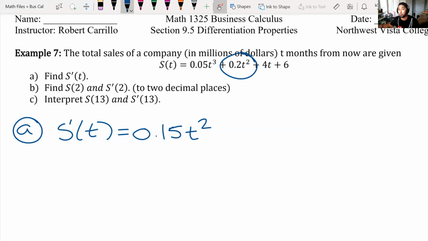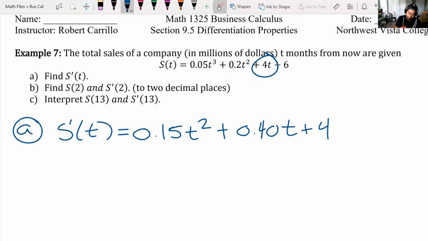So once again, if I have 20 cents and double it, I get 0.40 t. And then the derivative of 4t is just going to be 4. And the derivative of 6, the constant, will be 0, which we don't need. So there's the derivative. That is A.